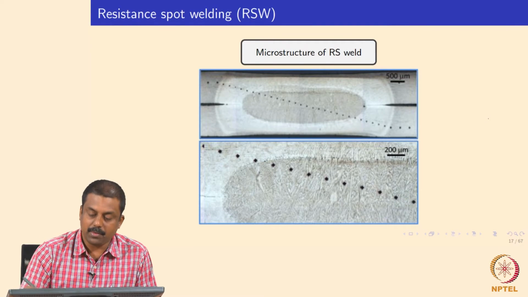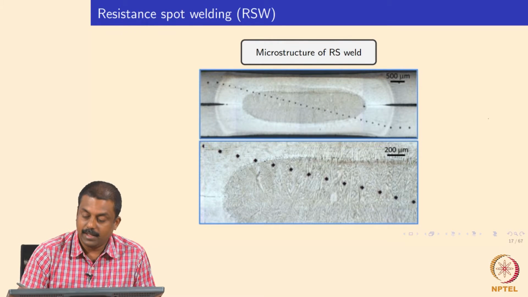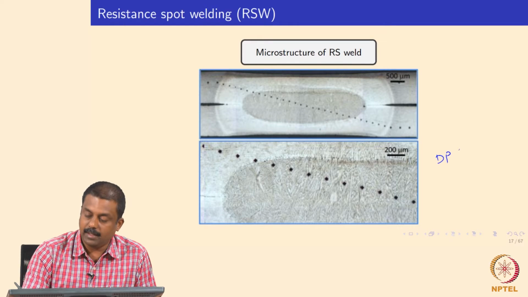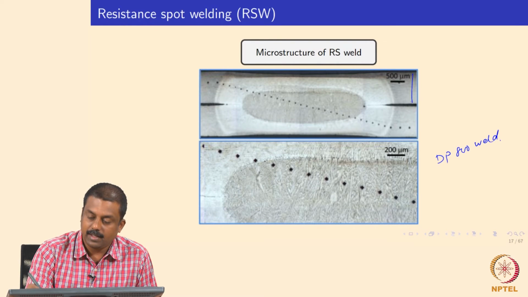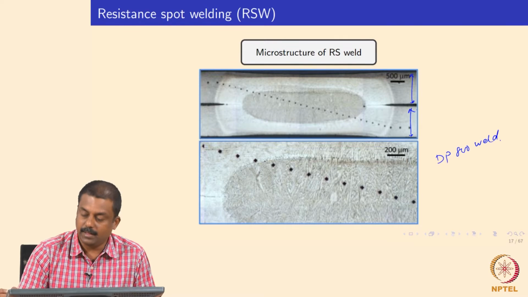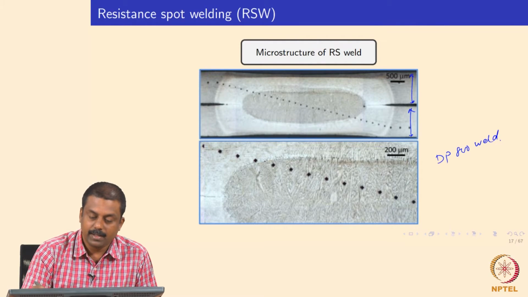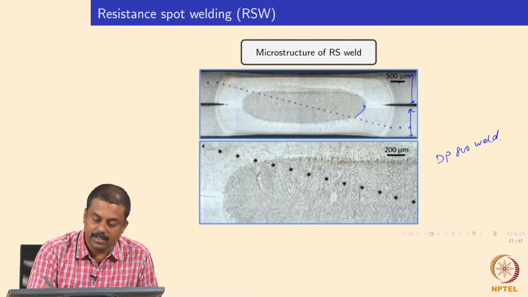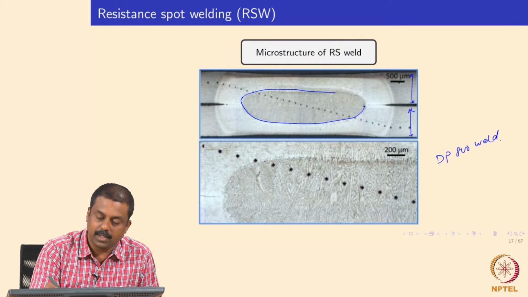So, these two micrographs show the actual micrographs made from DP 800 welds. This is a 1.2 mm DP 800 sheet, spot welded typically, and what you see over here is your weld nugget. It is completely molten and solidified.